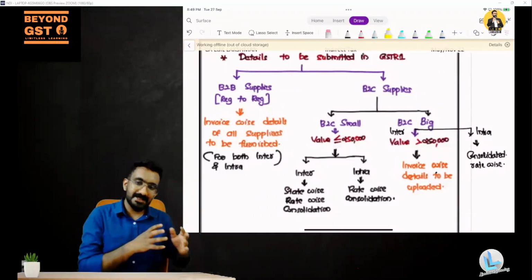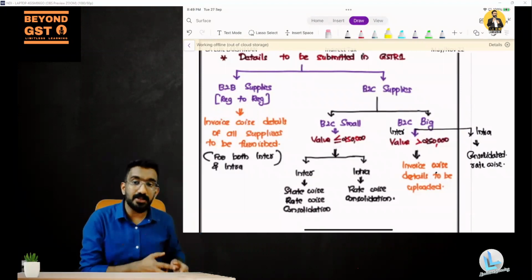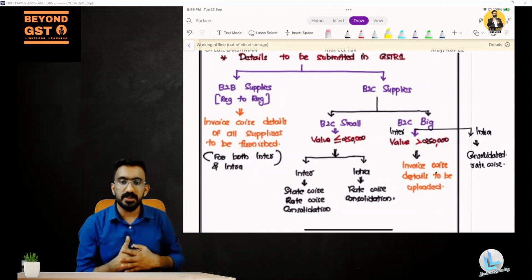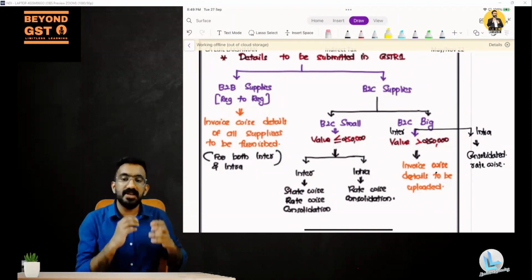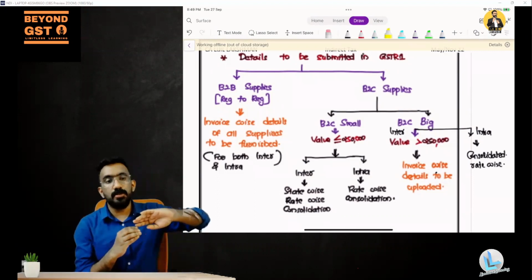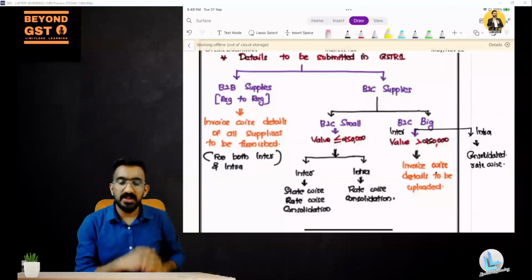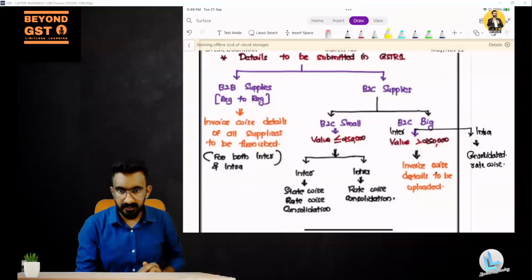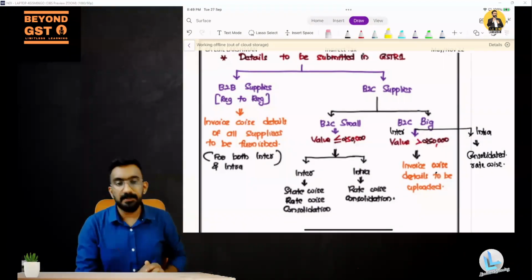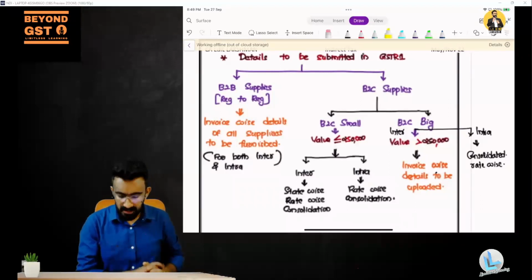So in general cases, before 11th of next month, which means if I made supply in the month of August, before 11th of September, I will upload the invoice details to the GST common portal using my return called GSTR1, which is the statement on outward supply. Now the government has this information available with them. If the supply is a B2C supply, then there are some consolidated details that need to be given.